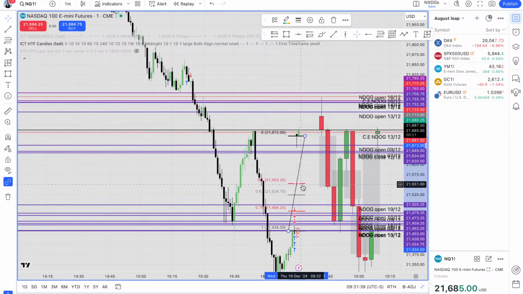So now we'd want this gap to be closed in the first 30 minutes, before 10 at the 9:30. So we will be looking for a short in the first 30 minutes. But let's see.